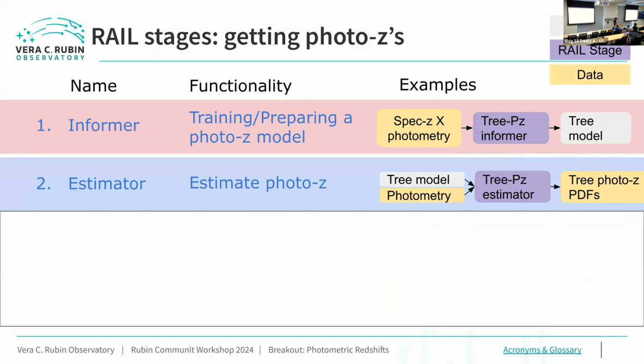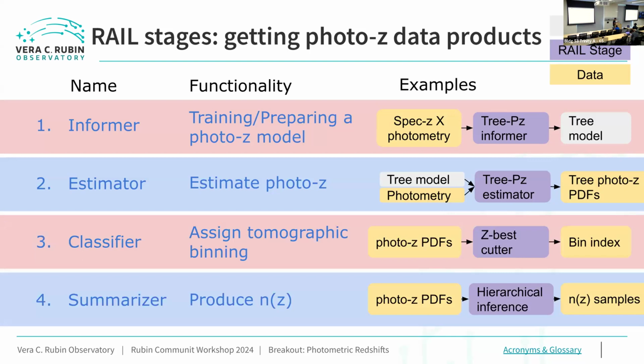The informer stage will expect the training set of the PhotoZ and produce a model. That's all it does. The estimator stage will expect the model trained by the informer and the photometry, and it will produce PhotoZ and write it into a format that's recognizable by other stages.